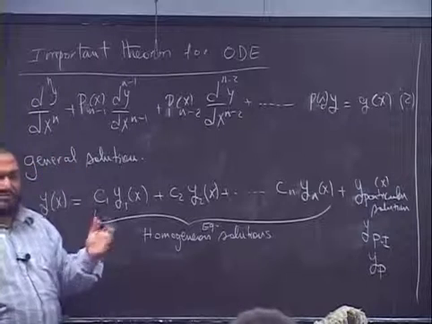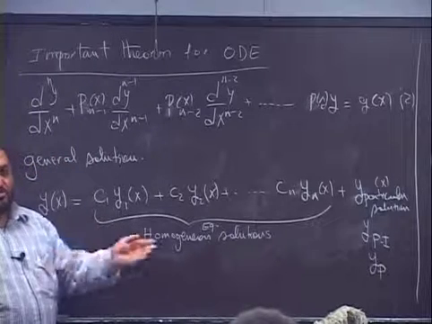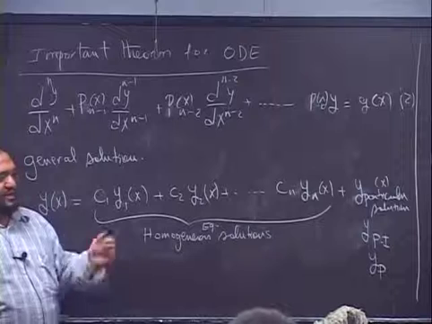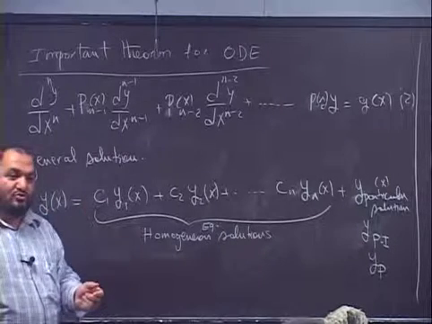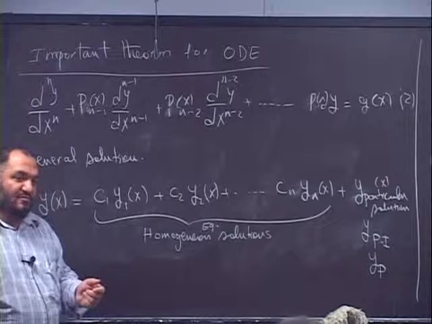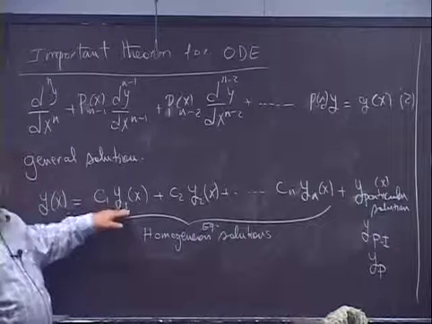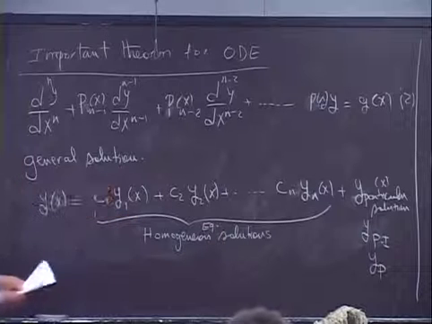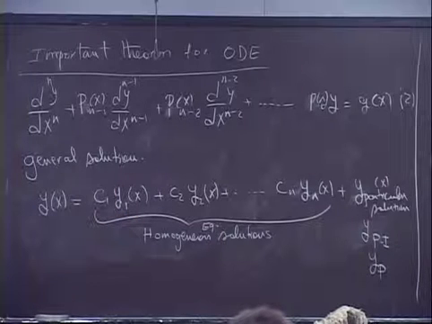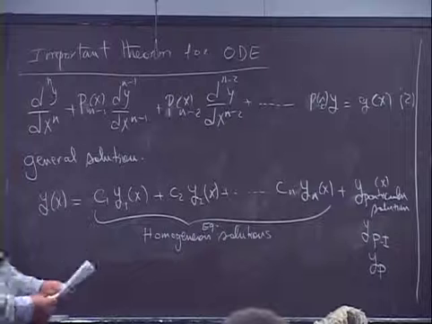If you have V1, V2, V3, any combination like C1 V1 plus C2 V2 plus C3 V3 will also be a solution for the matrix. So any combination will also be a solution. So this is the general solution. Now, how will we get the Ci's?